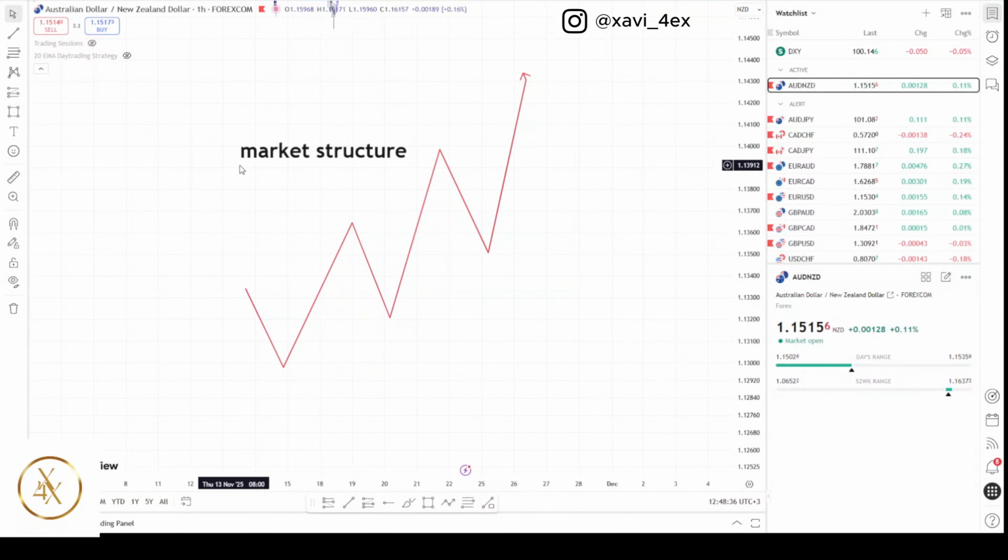The other thing is liquidity. I'll go through all these later.